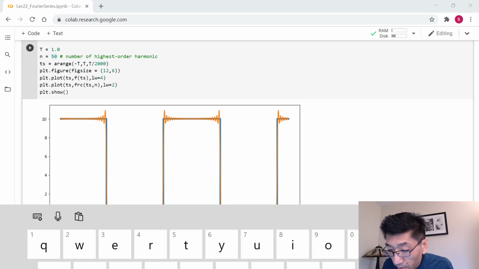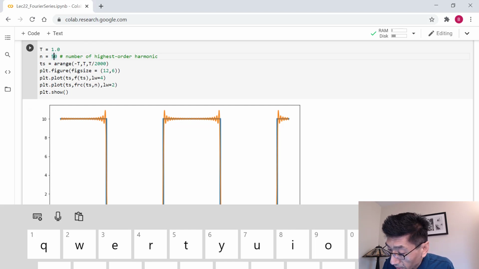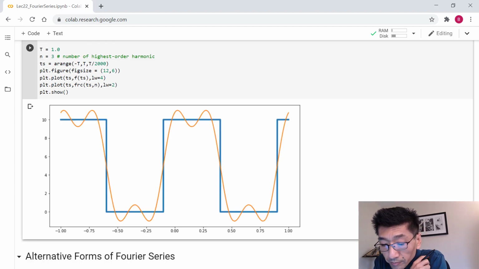Let's try maybe just 3 terms and see what that will give us.